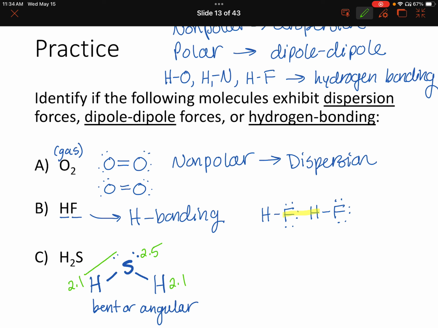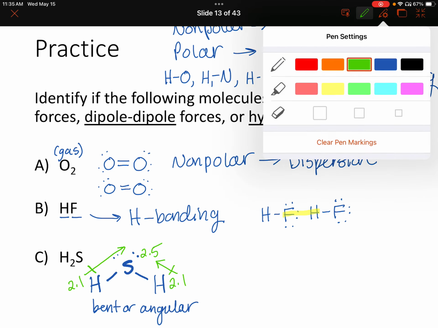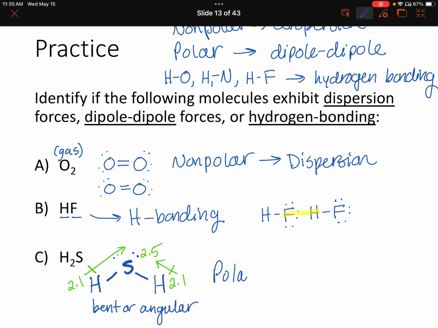So electrons are going to be more attracted to sulfur, and that's going to create a polar molecule. So which force would we expect? Dipole-dipole. So again, that electronegativity difference between sulfur and each hydrogen is 0.4. And so that would fall into our polar molecule category.